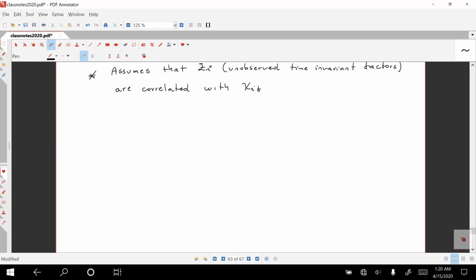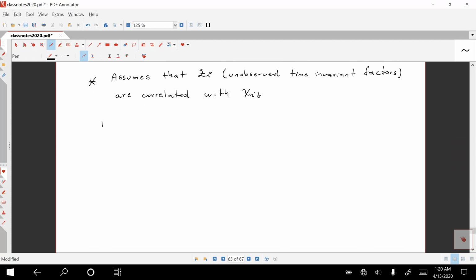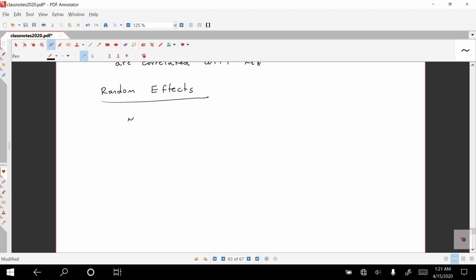Okay, so now let's look at the random effects model. Let's write it down, our basic model. Now we have an intercept, as in the case of the pool model, but we're also going to have two error terms.